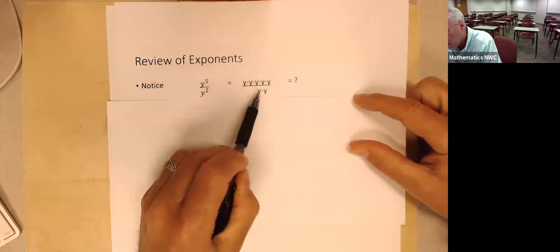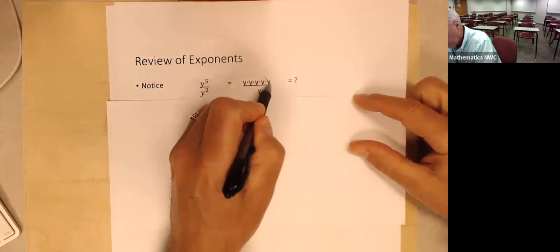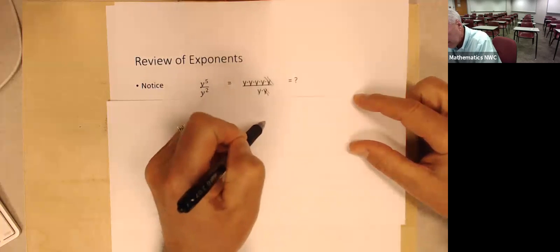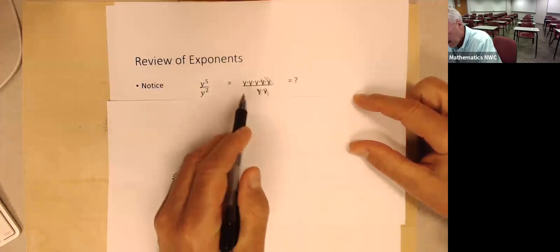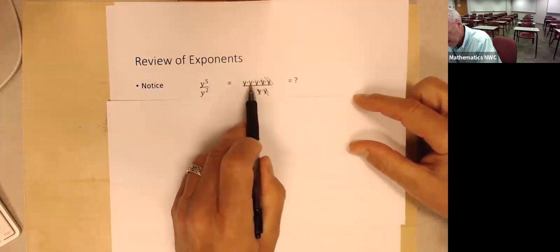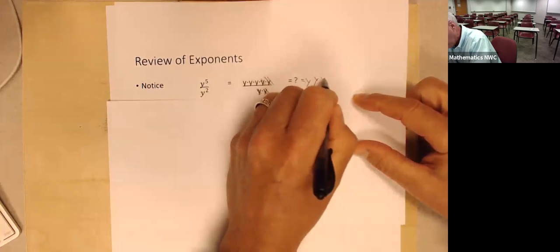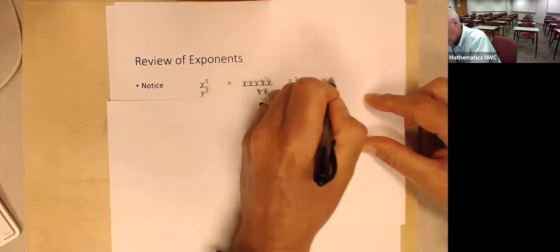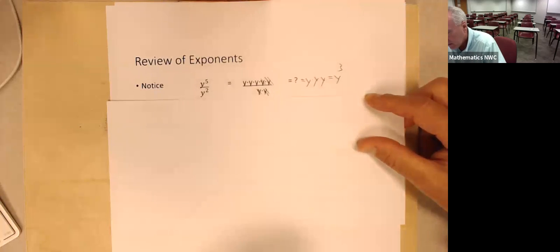Y squared is 2 y's being multiplied. Well, this y would have canceled with that one. This y would have canceled with that one. And I would have been left with these 3 y's. Y times y times y, 3 of them, which we know by definition is y cubed.